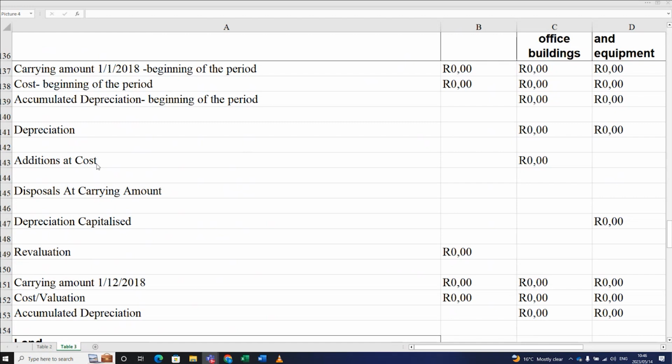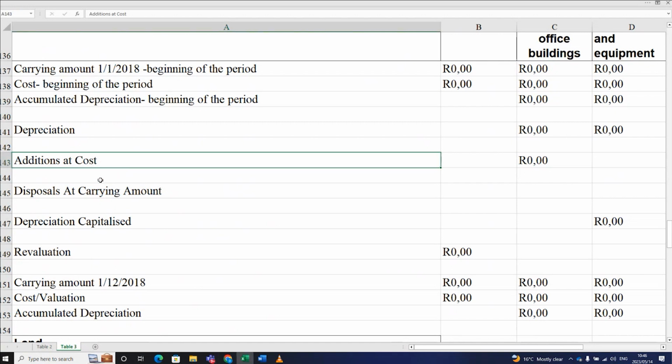Very important: additions are at cost, and disposals are at carrying amount. So when you buy a new asset, it will be at cost that you put it in your PPE note, and when you sell an asset or trade in or whatever, it's done at the carrying amount.